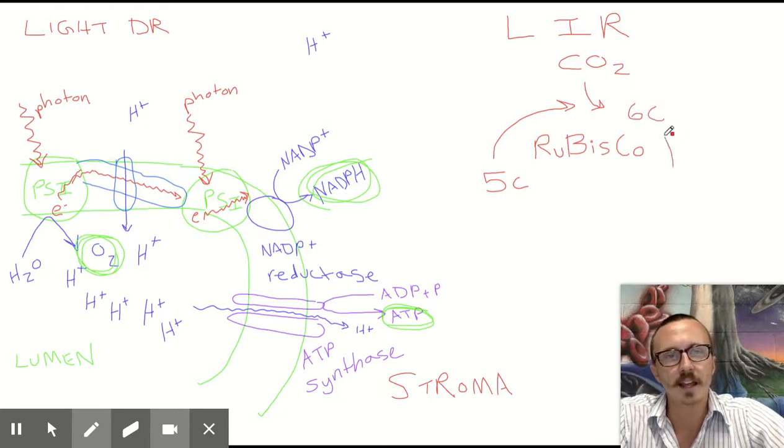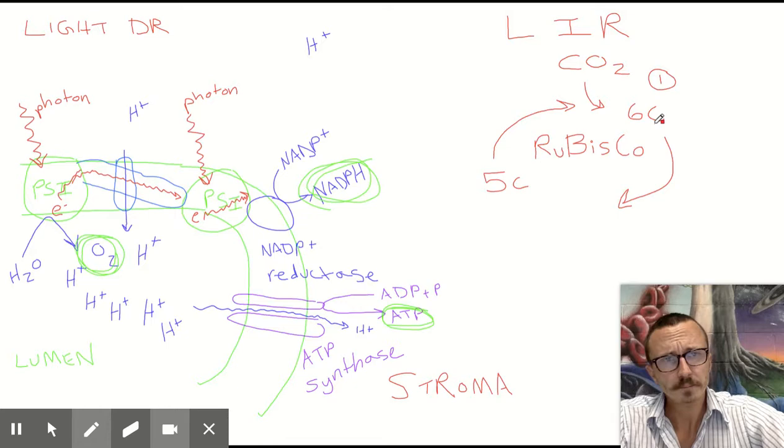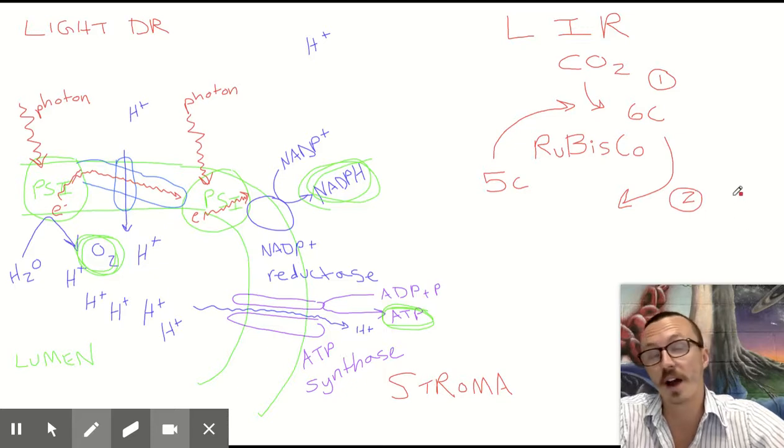And then this is where it gets kind of complicated, right? So this first part right here is carbon fixation. We've taken carbon dioxide and we've fixed it into a molecule. And the next part is the reduction phase. And the chemistry here is kind of complicated, and luckily you don't have to worry about it.